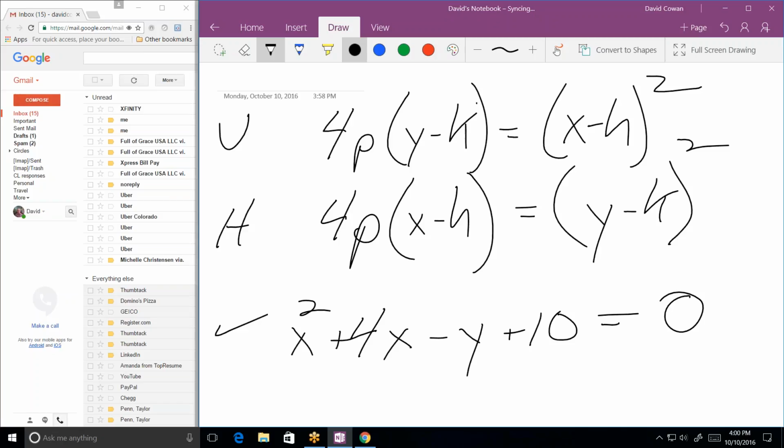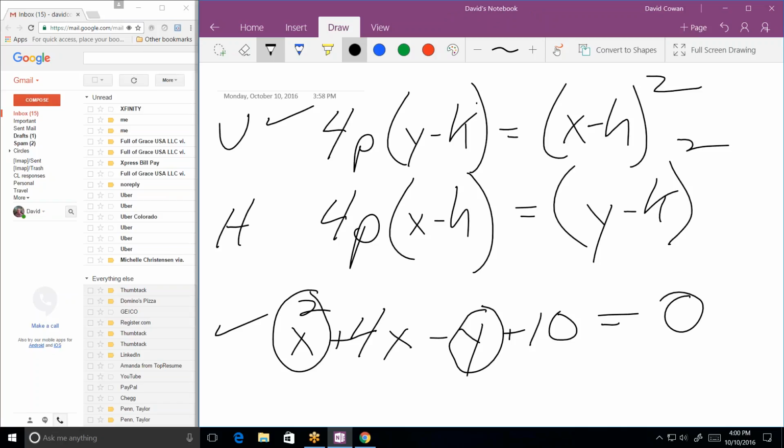And their first question would be, well, what is that? Is that a parabola? Is it a circle? Is it an ellipse? Or is it a hyperbola? Well, we can see that the squared term is x, the linear term is y. It wouldn't be that hard to convert this to that format, a vertical parabola.